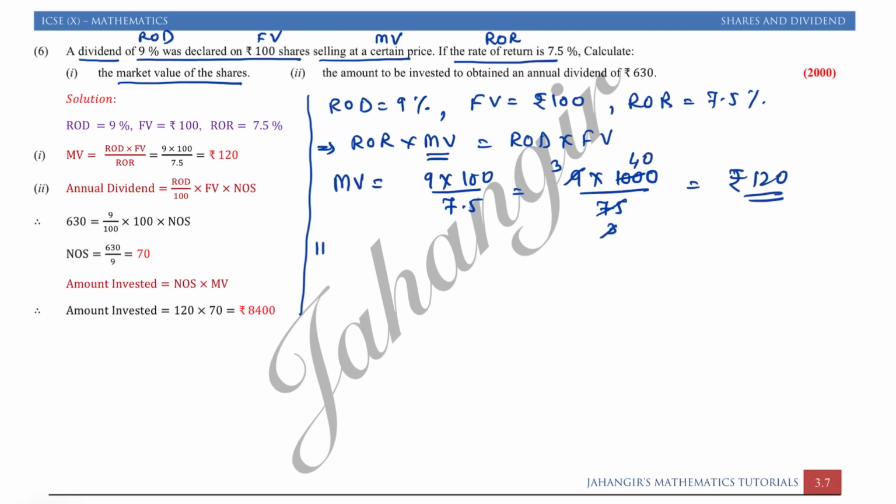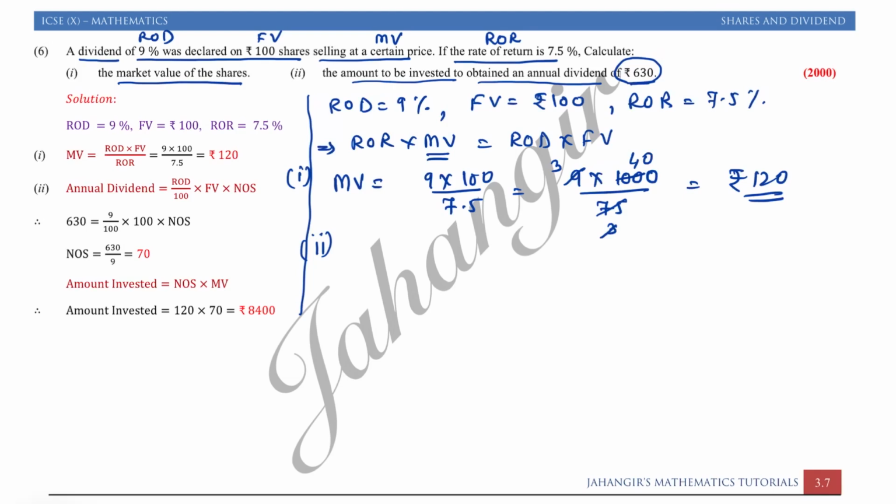This was the answer for the first question. Now for the second question: the amount to be invested to obtain an annual dividend of rupees 630. We want the amount invested, but the annual dividend is 630. So with the annual dividend we can find the number of shares, and then with the number of shares we can find the amount invested.